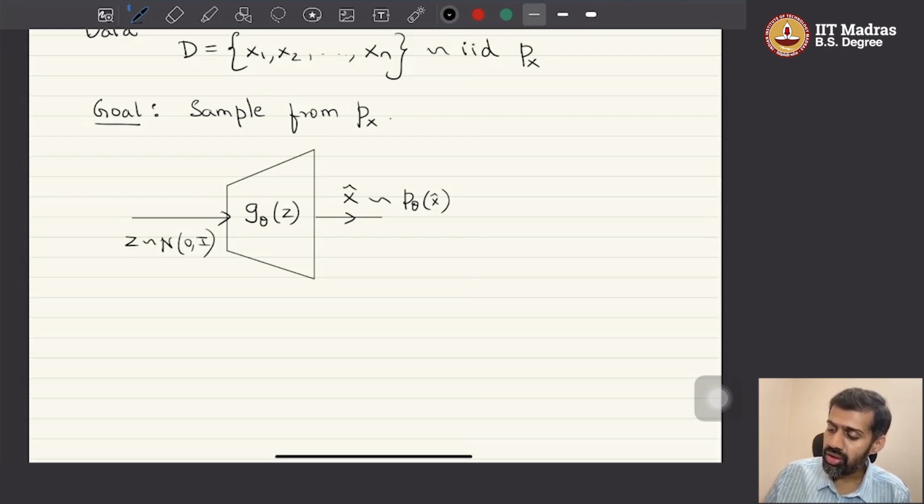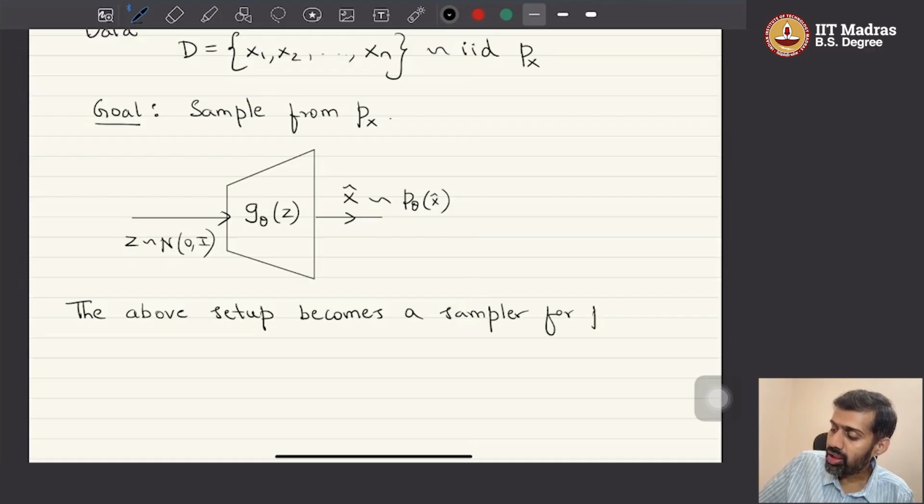So how do we ensure that the above setup becomes a sampler for Px if my p theta is the same as that of Px? That is the idea. And how do we do that?